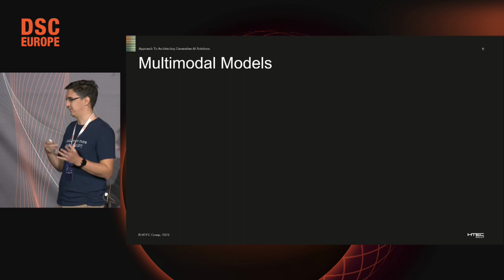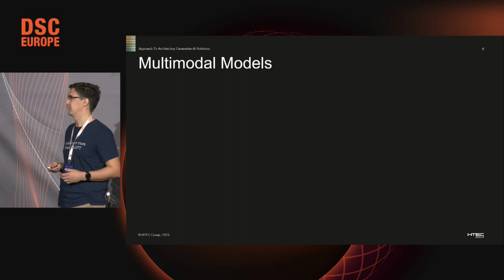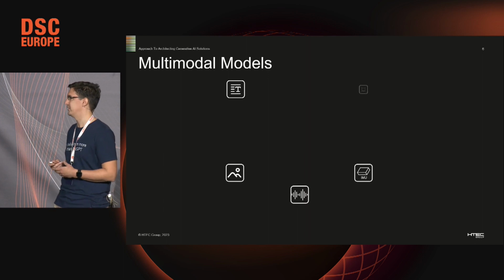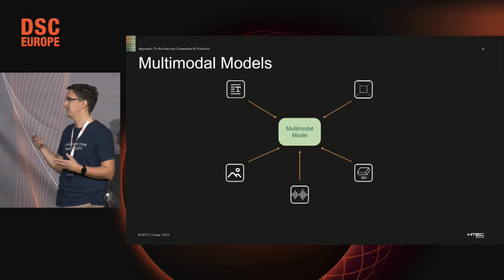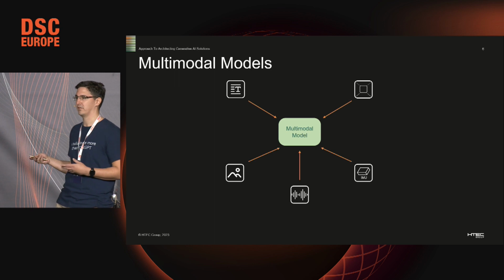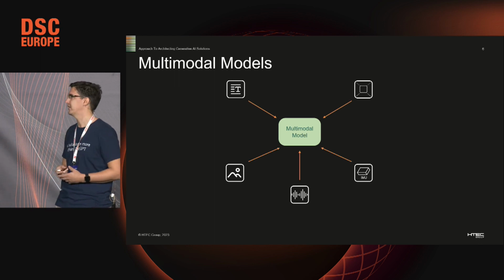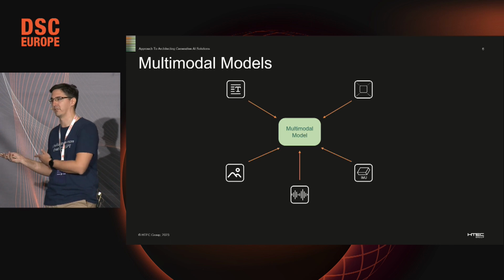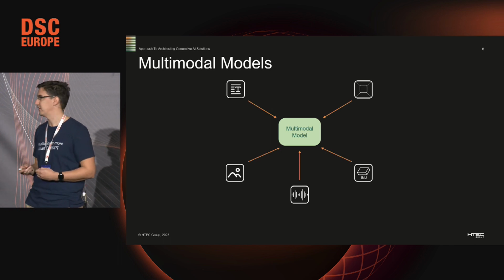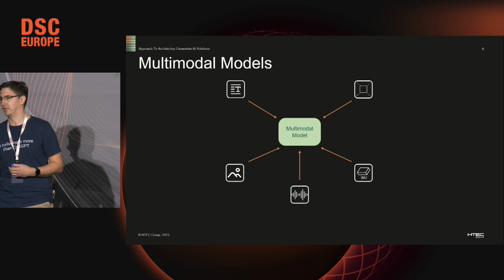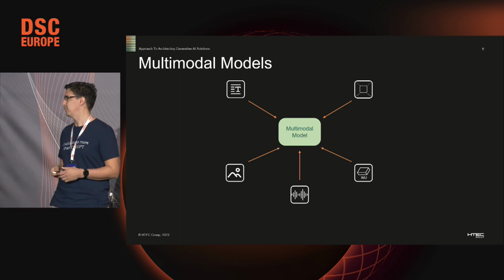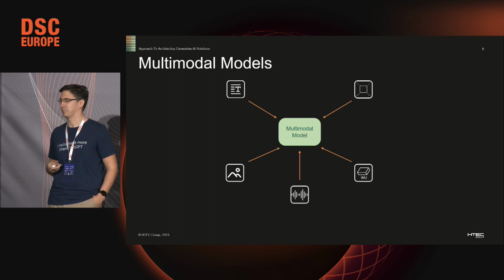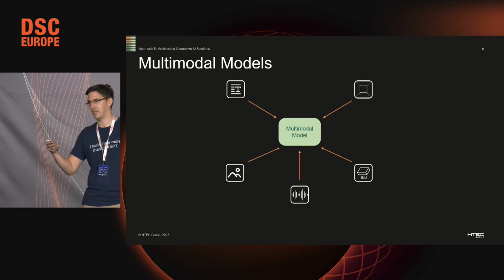I mentioned text is the type of data that we are going to focus on today, but there are also different types of data that these systems can handle, and this is what we call multimodal models. For example, you can have text as an input, you can have an image, you can have an audio file, you can have signals from different kinds of sensors, and you can also have depth information. And one example of a multimodal model is now GPT-4V, which can process images and textual information in the same model.